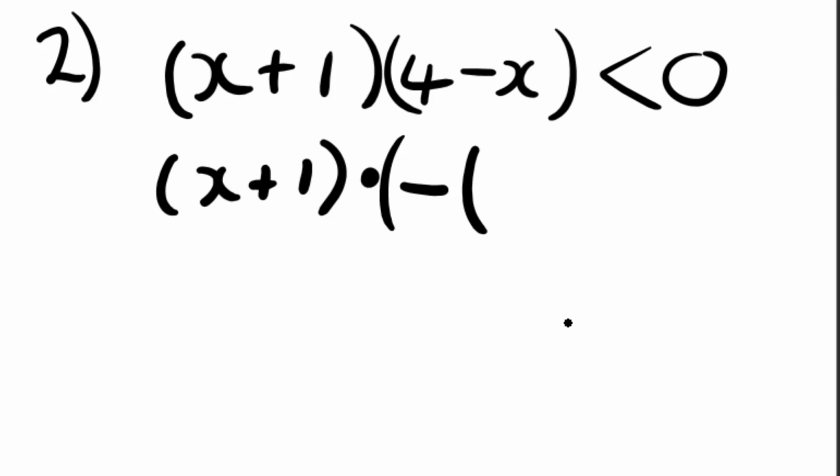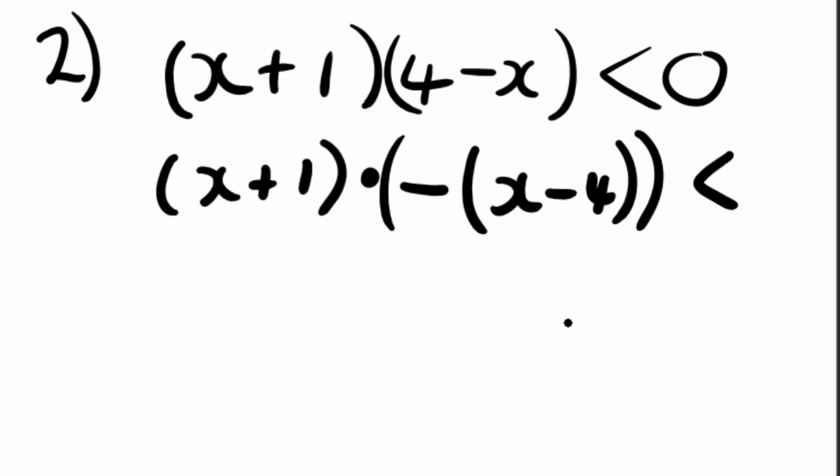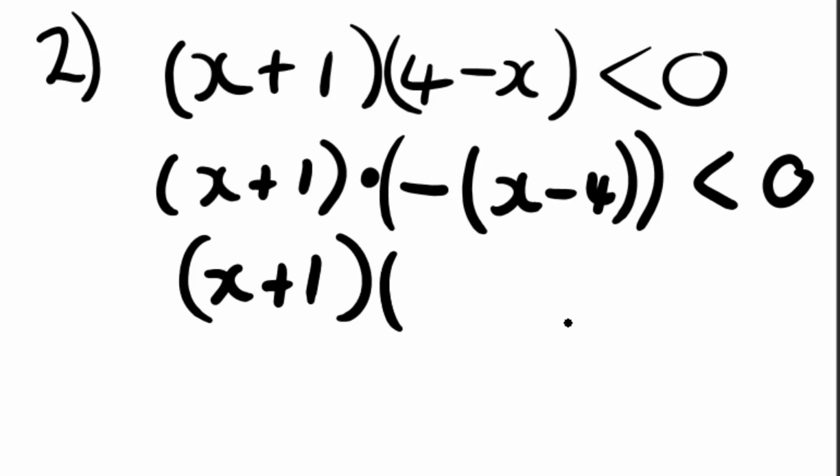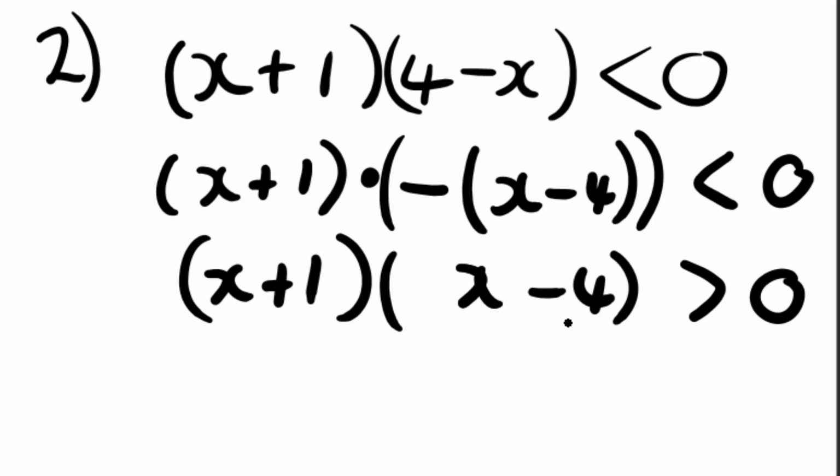But we want to write it as x minus 4, like this, and then we close less than 0. And then we want to divide by this negative 1. This negative 1 here, we want to divide by that negative 1. And then we will have x plus 1 into x minus 4. And then we change the inequality sign.